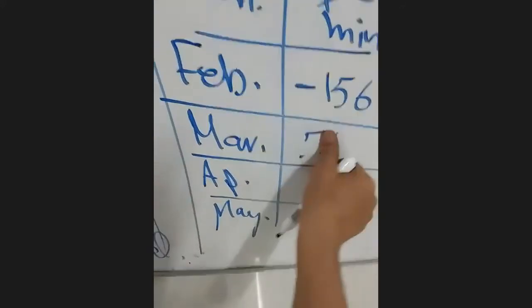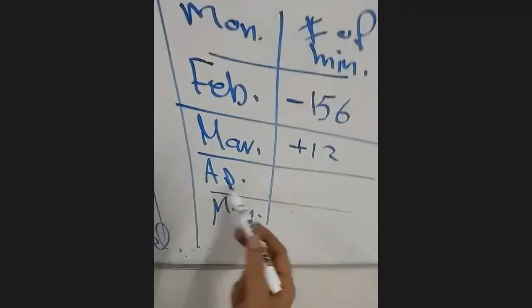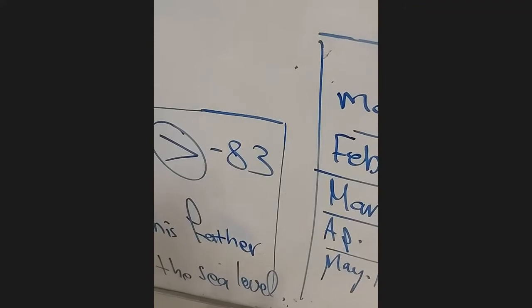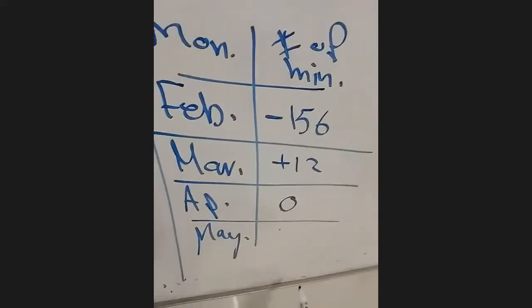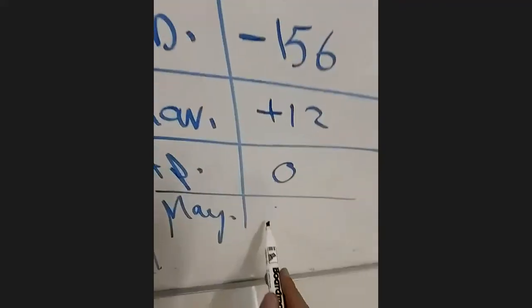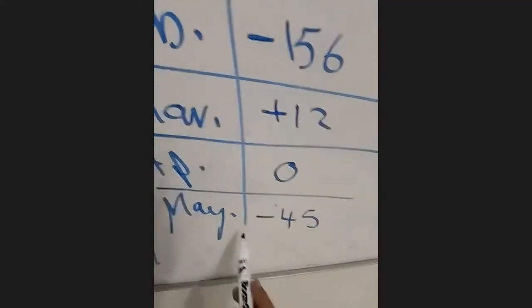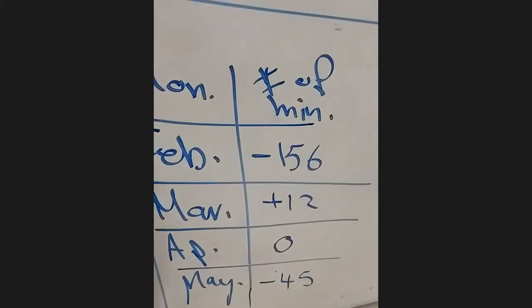In April, what do we have? 0. And in May? Negative 45. Okay, give me a second, guys. Just wait a minute.